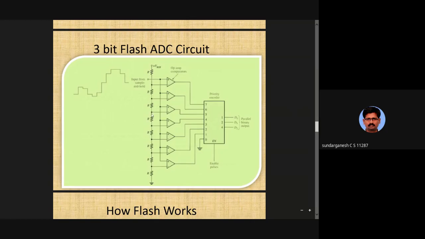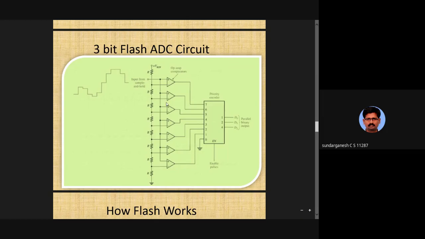This resistor is chosen such that here it is 8.75, here it is 7.5, 6.75 and so on, like this. So here it will be 1.25 volts. For every comparator there is a constant difference of voltages.